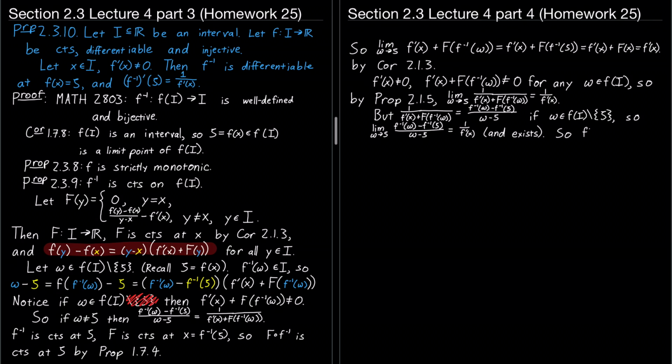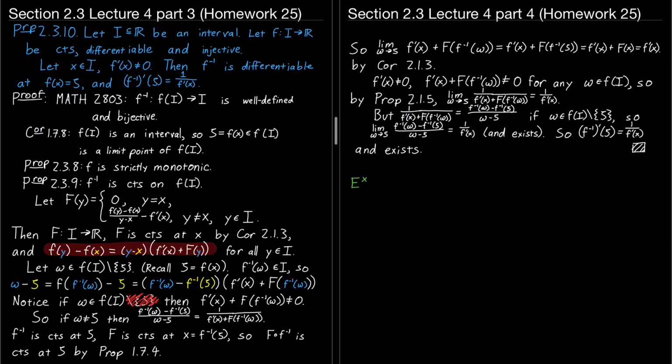So F inverse prime of zeta is 1 over F prime of X and exists. And that is what we were trying to prove here. So that completes the proof.